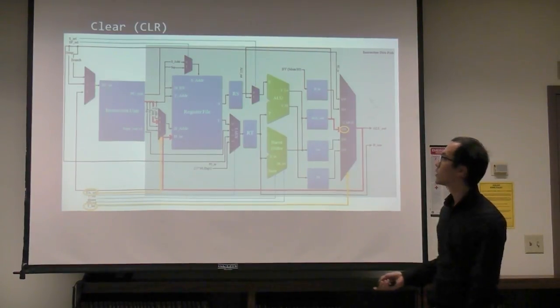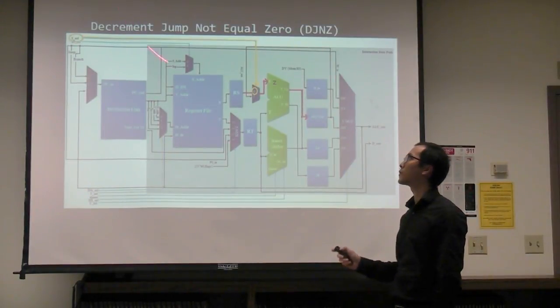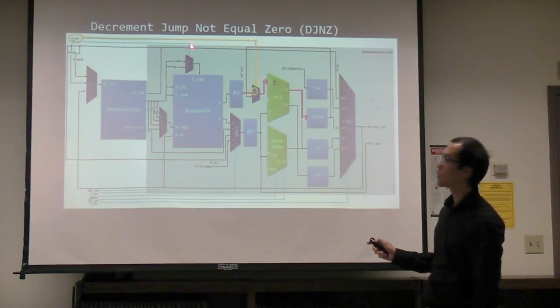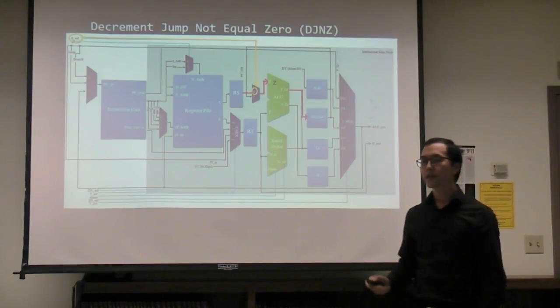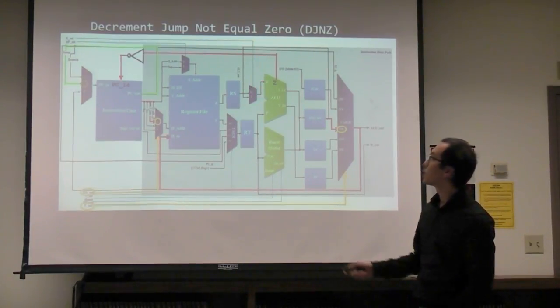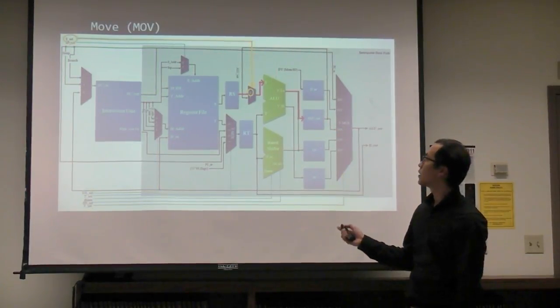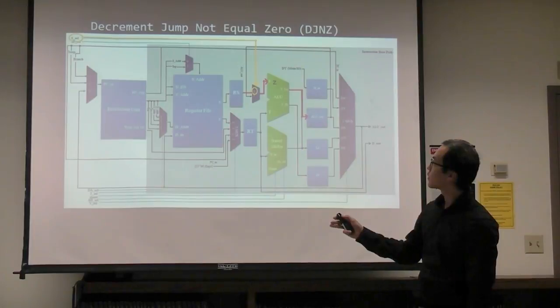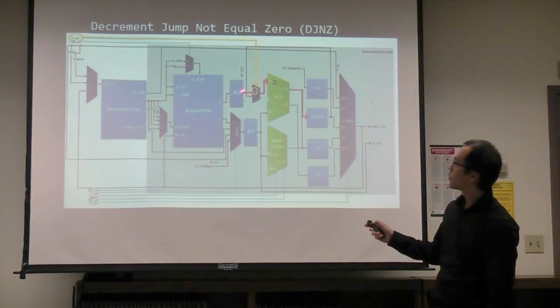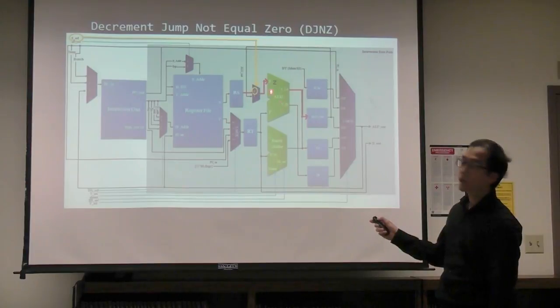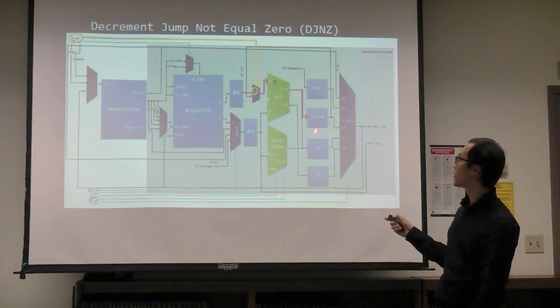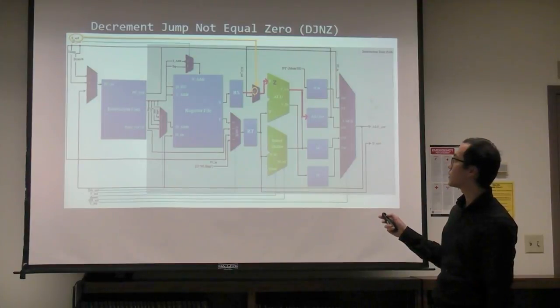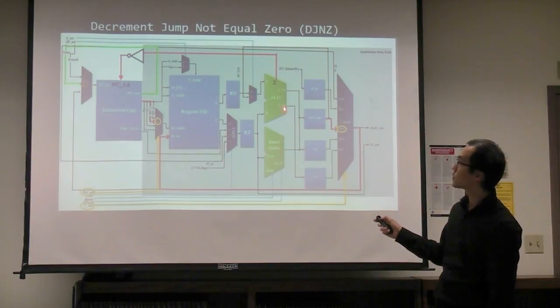Yeah. Okay. So for the next one, we have something we're kind of proud to present: decrement and jump if not equal to 0. So we take RS, decrement it by 1, put it into our ALU out, and then check the flag.